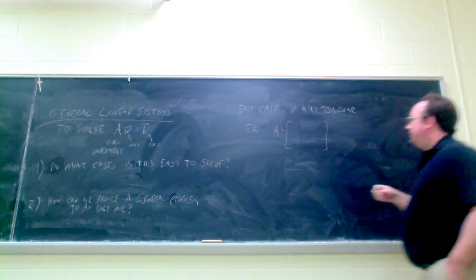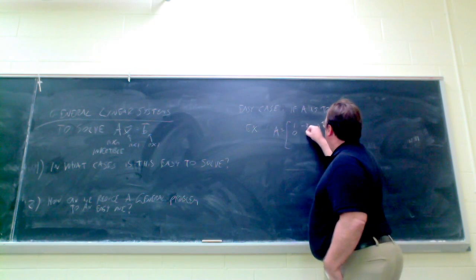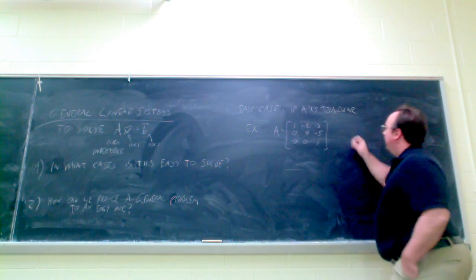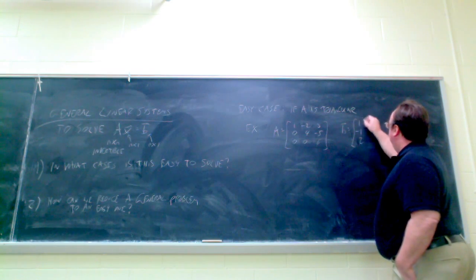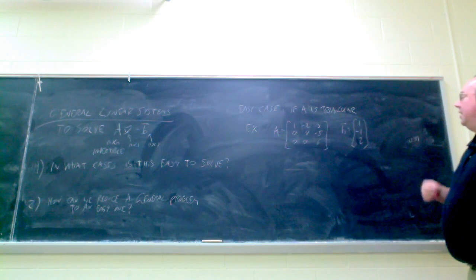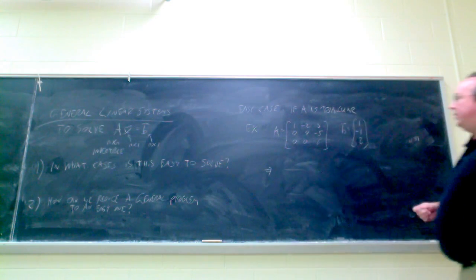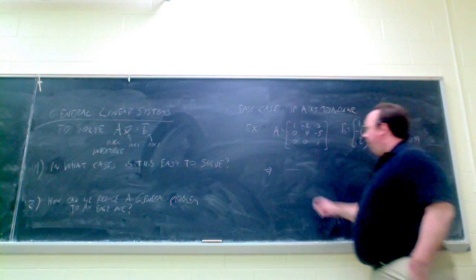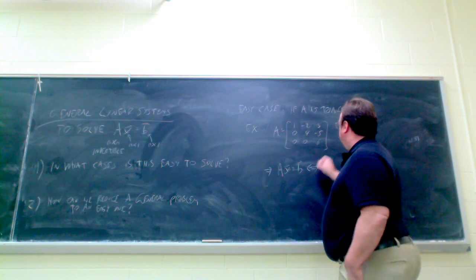We'll use upper. Let's suppose that b is something like that. In this case, it's easier to see if we write out the system of equations that this matrix and right-hand side represents.